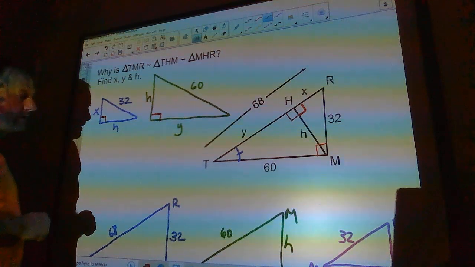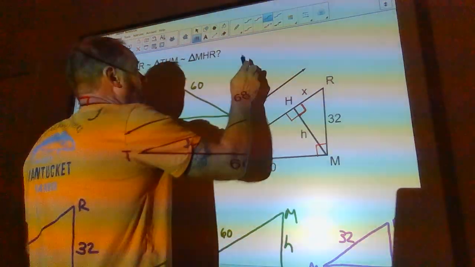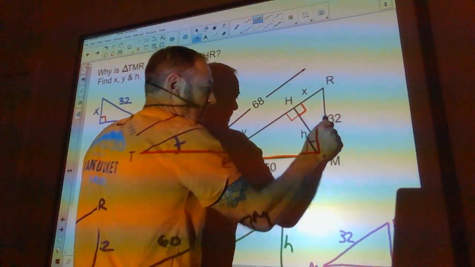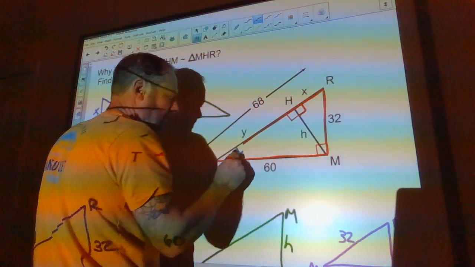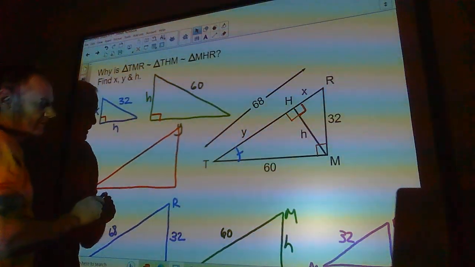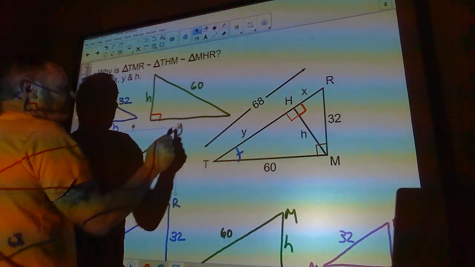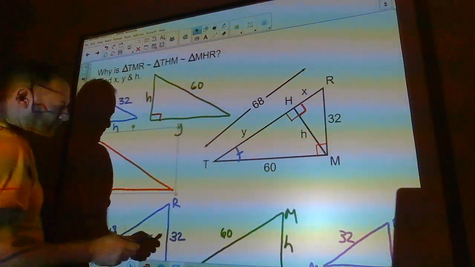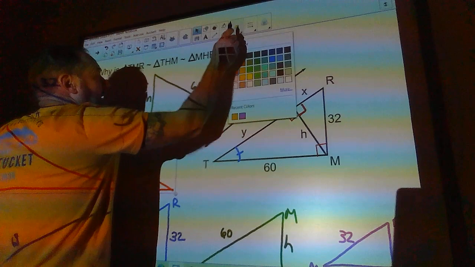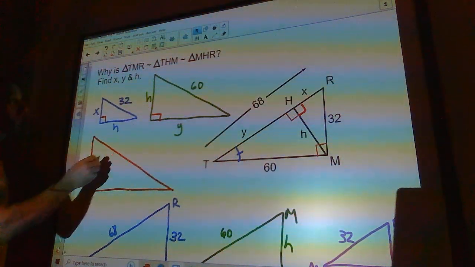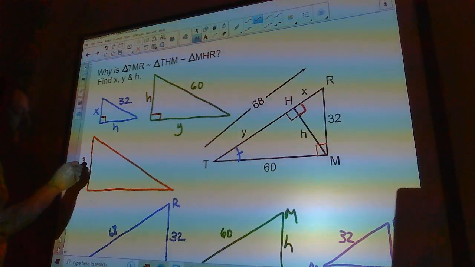And then I've got the big triangle, which is this one right here. I can take that over here and flip it. That means that this side is 32.